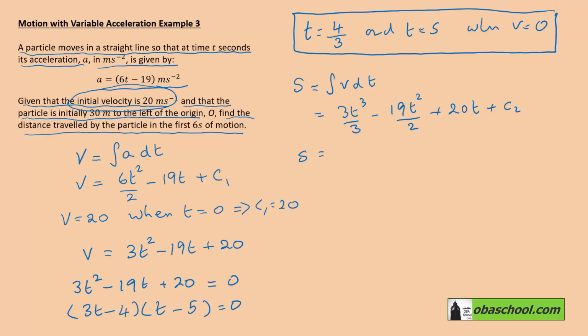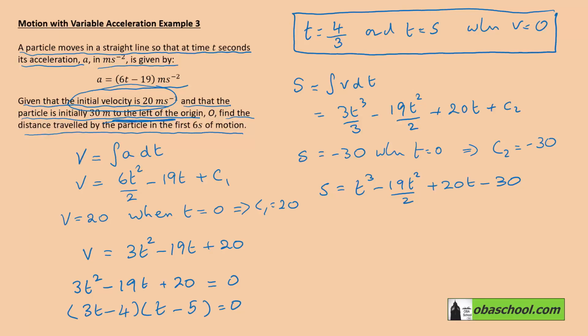Now we know that s is equal to negative 30 because it's to the left of the origin when t equals 0, which means that c2 is equal to negative 30. So s is going to be t cubed minus 19t squared over 2 plus 20t take away 30.